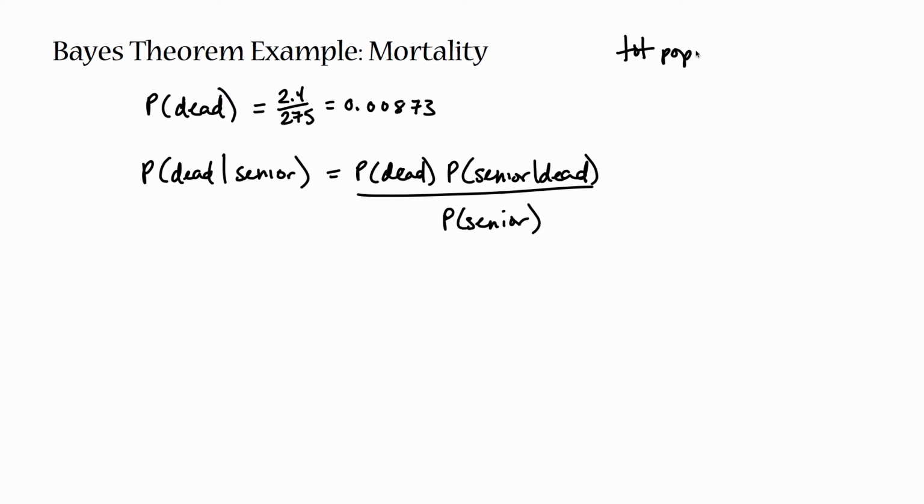So I know the total population in 2000 was 275 million. The number of seniors at the time was 16.6 million.